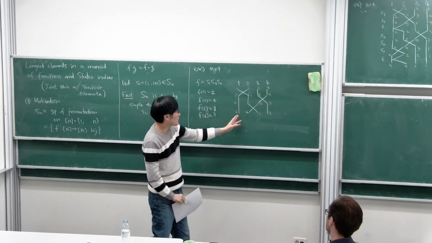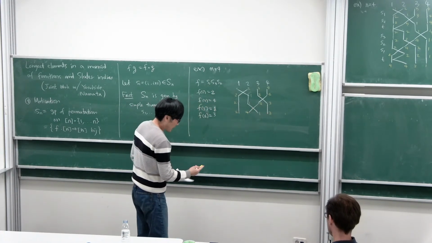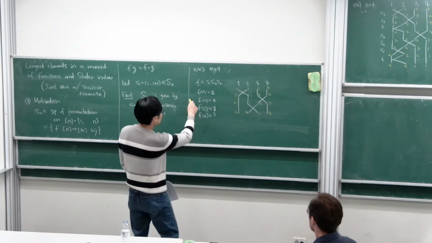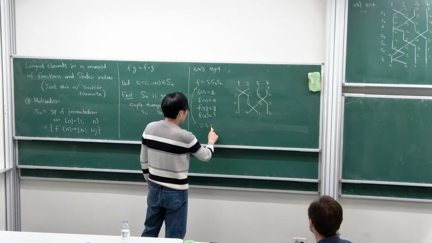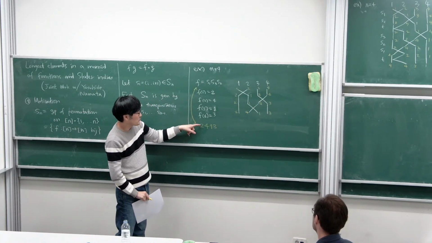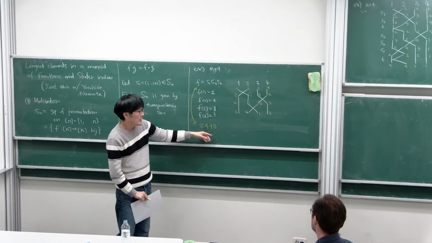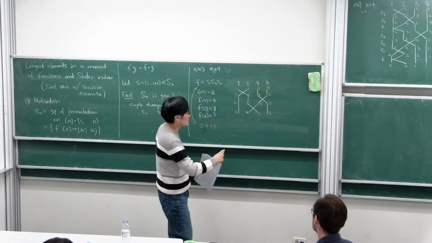Exactly like that. By the way, from now on I'm going to identify this with the word 2, 4, 1, 3, which means 1 goes to 2, 2 goes to 4, etc. And this can be read by following this diagram. This is called a wiring diagram.